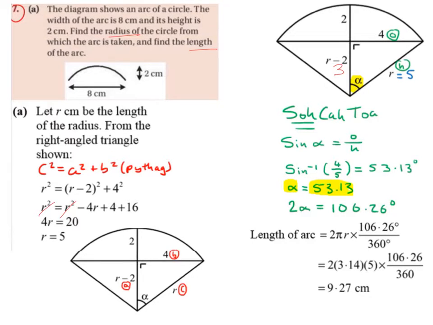Then I'm going to label my triangle H, A, and O. H being the hypotenuse, A being the adjacent, and O being the opposite. And I'm going to use the formula SOHCAHTOA. I'm going to label this as H, the hypotenuse.